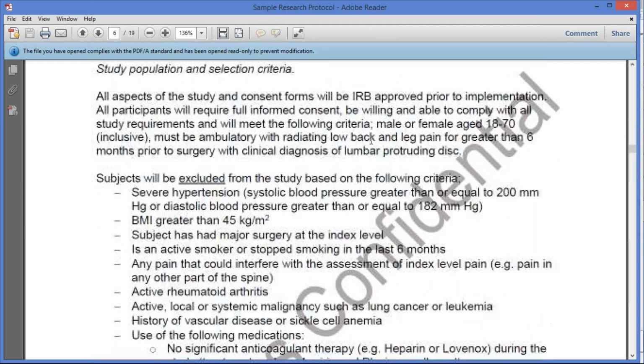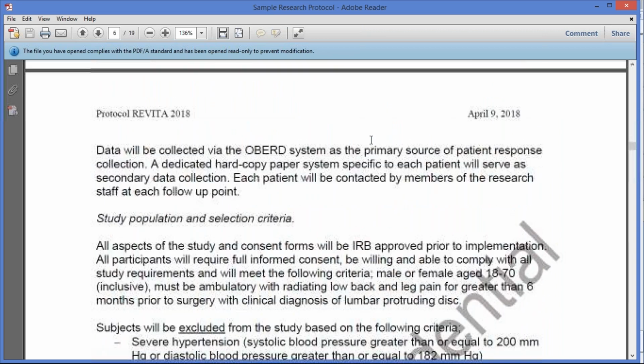What about data collection? So here the data will be collected on OBRD systems. This is the data collection tool. Depending upon the study, they may use different collection methods.